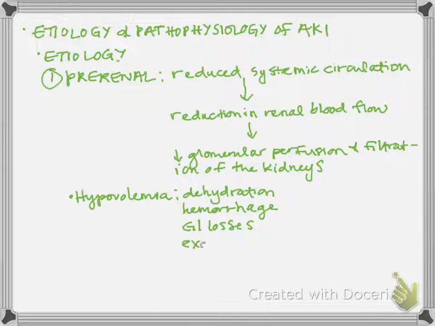We could have excessive diuresis, like in diabetes insipidus from test 1. We could also have hypoalbuminemia, which could result from malnutrition, burns, or liver problems. There is something called hepatorenal syndrome that we'll talk about in liver failure. So your patient could have a prerenal cause of AKI related to hypovolemia.